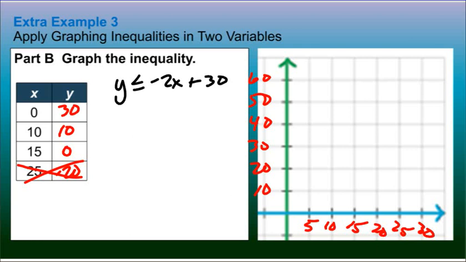So we have 0, 30, and we got 10, 10, and we have 15, 0. It can equal that, so we're going to use a solid line. Less than that means everything below would be a solution.